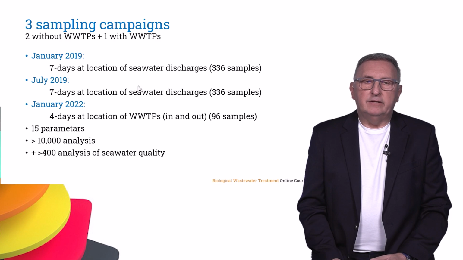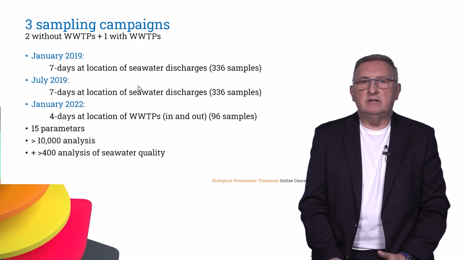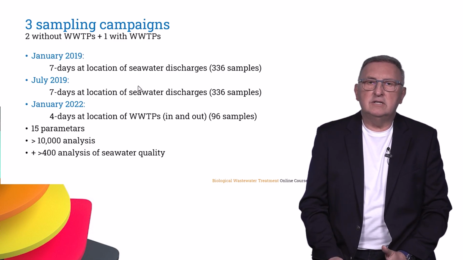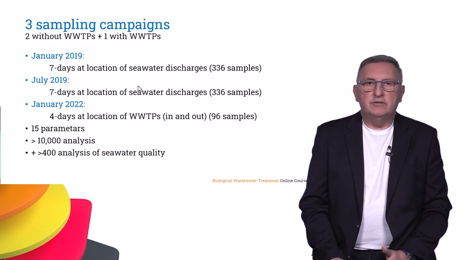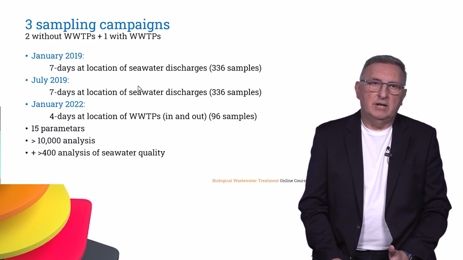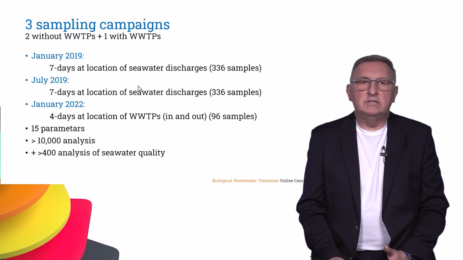We had a sampling campaign which covered 7 days at the location of seawater discharges, and in total 336 samples were taken. In July 2019 was the second campaign, 7 days at the location of seawater discharges, and you can realize that January is winter in Croatia and July is summer. So therefore we targeted these 2 seasons.